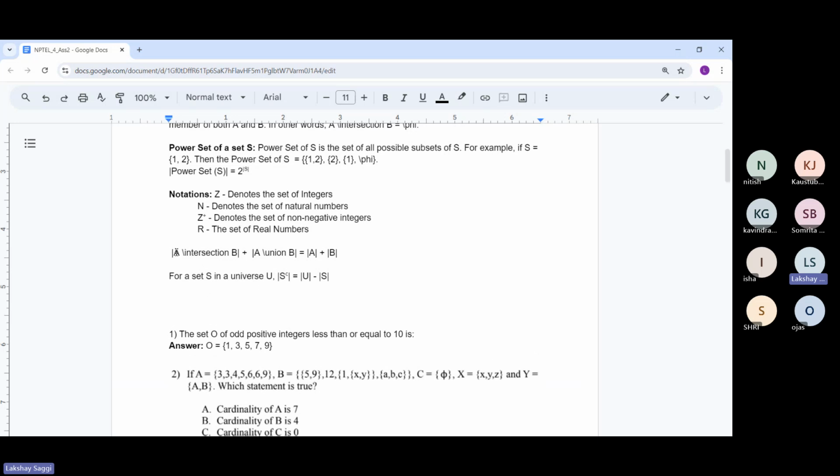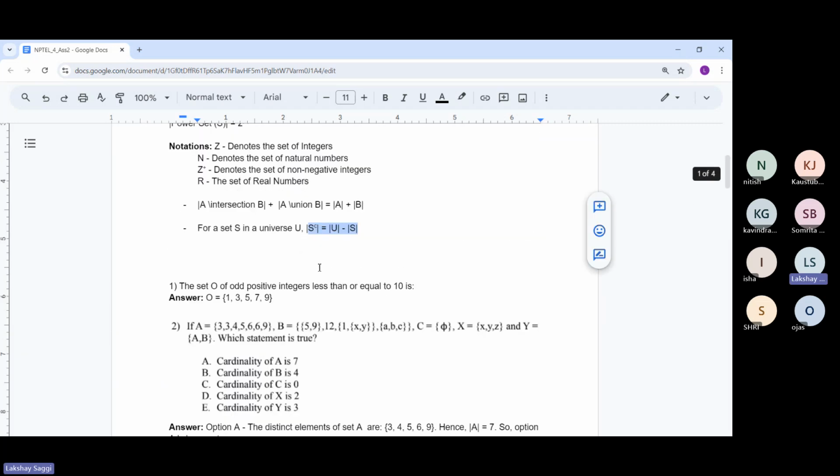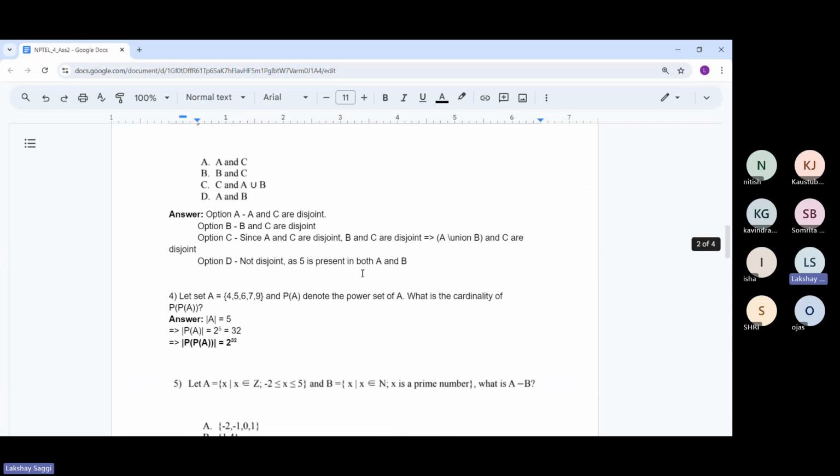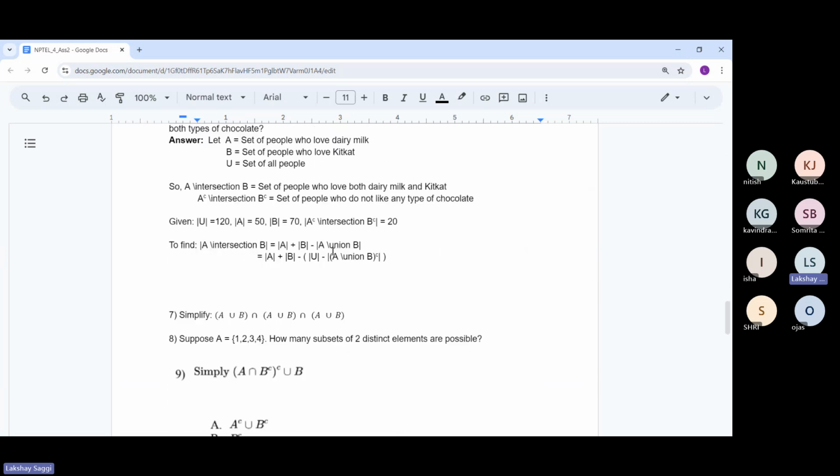I hope this formula is not too troubling: the cardinality of the complement is whatever is left apart from the original set S. Putting S as A union B, the cardinality of the set A union B is equal to the cardinality of U minus the cardinality of A union B's complement.